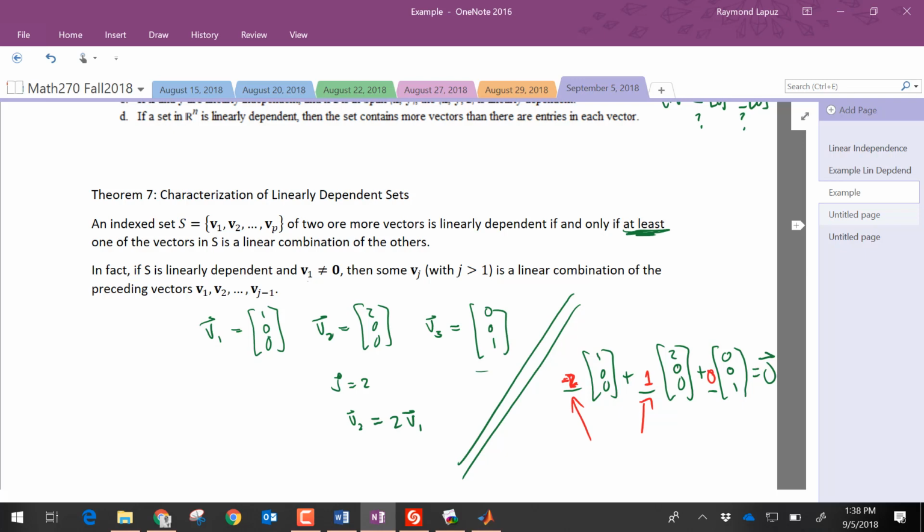Some of our matrices will go into 4 and 5 dimensions. Our matrices are bigger, that's all. But it's the same process: row echelon, and then you see if there are any free variables, and then you get the same results.